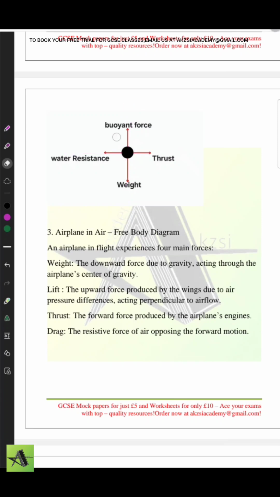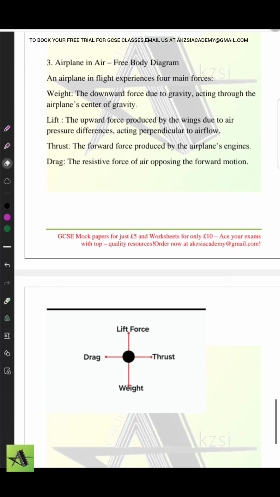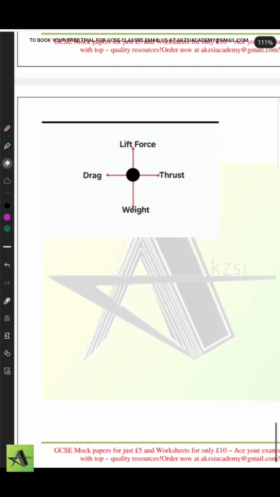Now the next is an aeroplane in the air. Just like the submarine, it has a thrust or driving force in the forward direction given by the engine, and since it's moving through the air, air molecules oppose the motion, exerting an opposite reaction force, and that's the drag, or the air resistance.